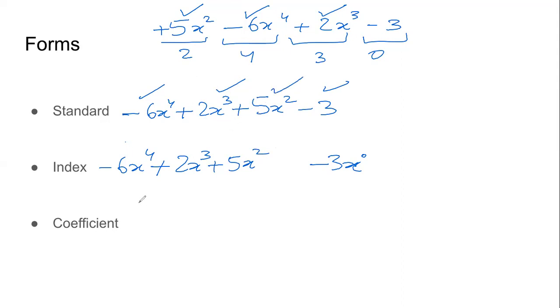Where is the power 1? It is not there. So we will have to create one. How will we create? Create it. We have not done anything wrong by adding 0x, because 0 multiplied by x, 0 multiplied by anything is 0. And when we add 0 to anything, nothing will change. But our polynomial is now in the index form because we have power 0, power 1, power 2, power 3, and power 4.